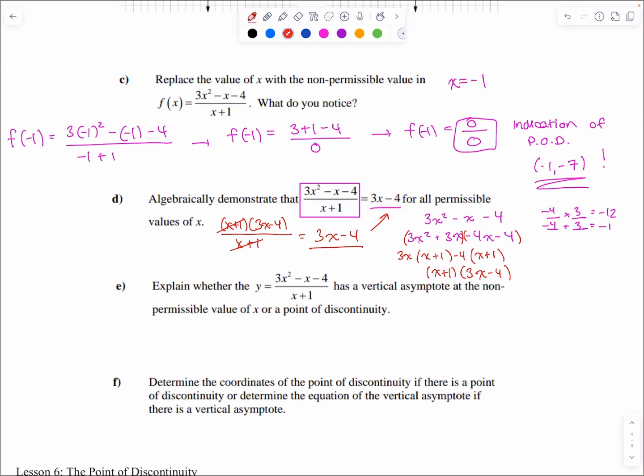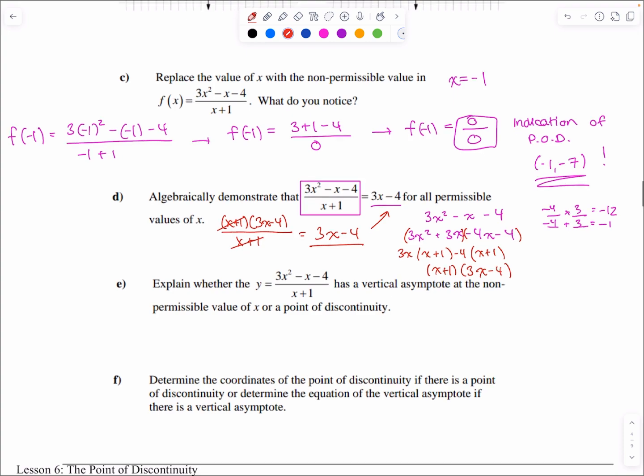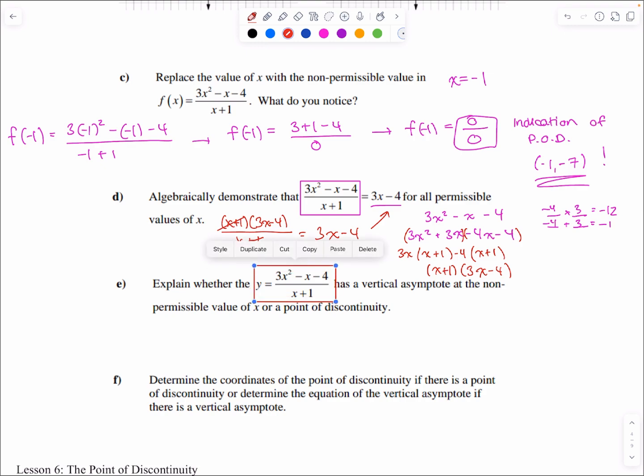Okay, so the next question says: explain whether the graph of y equal to that rational function that we were dealing with has a vertical asymptote at the non-permissible value or a point of discontinuity. Well, because we had this 0 over 0, and because we got it to dumb down to 3x minus 4, that non-permissible value that's typically there in the denominator disappeared.